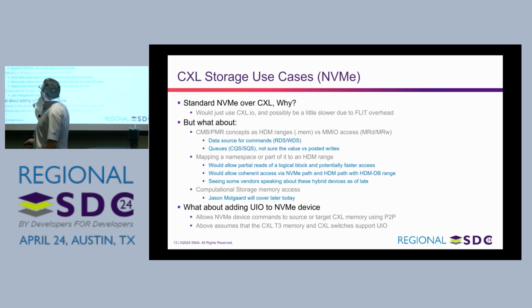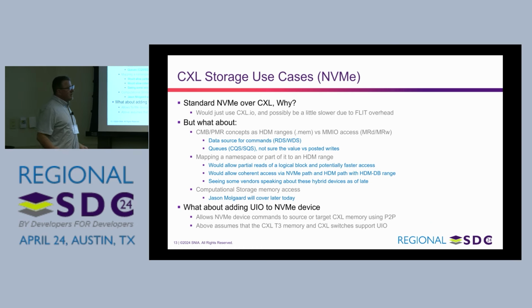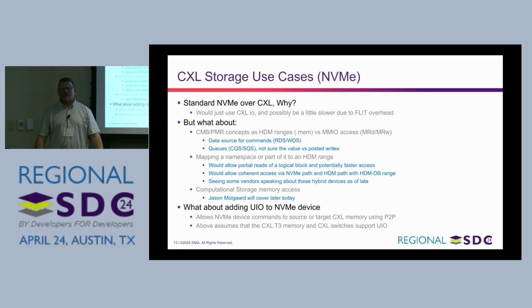So these are the storage use cases. When I started looking at CXL and NVMe, even internally people were like, "Yeah, we're going to put NVMe on CXL." I was in the CXL committee, and I would sit there and go, "Why? What's the value of putting an NVMe device with a CXL interface?